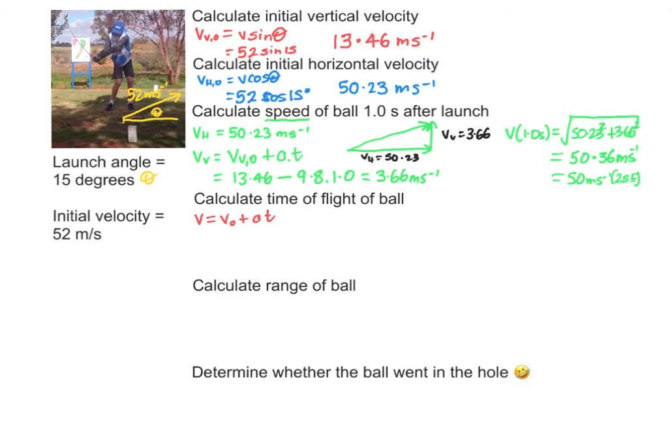So we take v0 from both sides, and we're going to divide by a on both sides. So we get left with the time of flight is equal to v minus v0 over a.